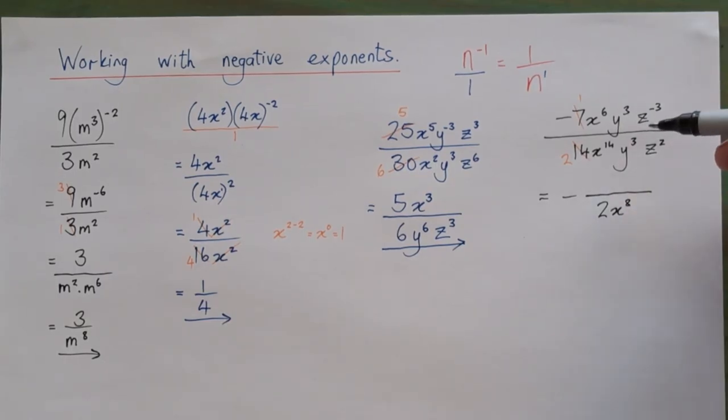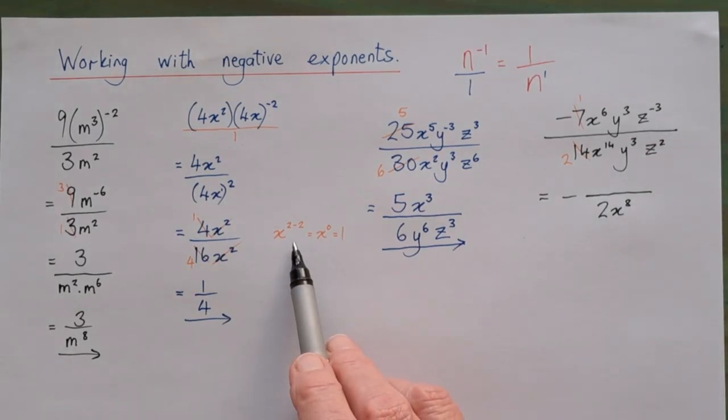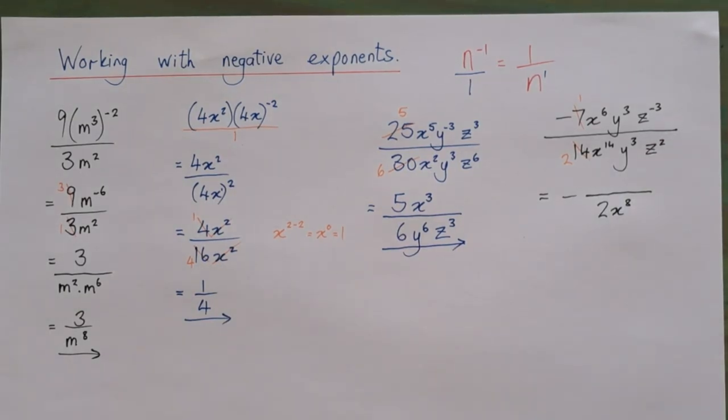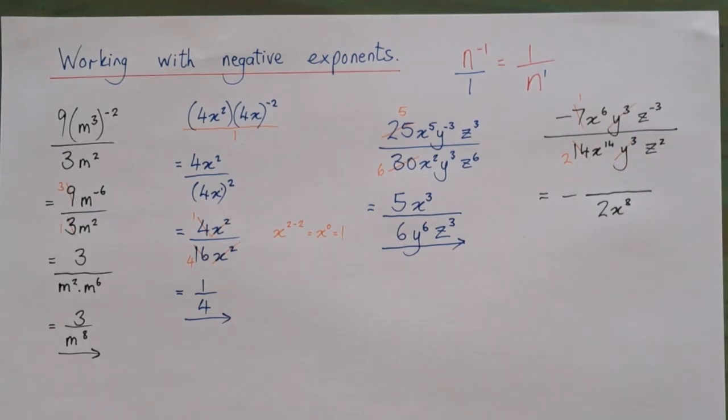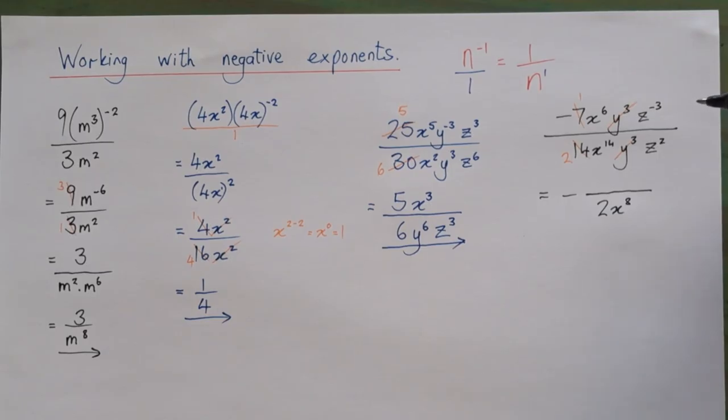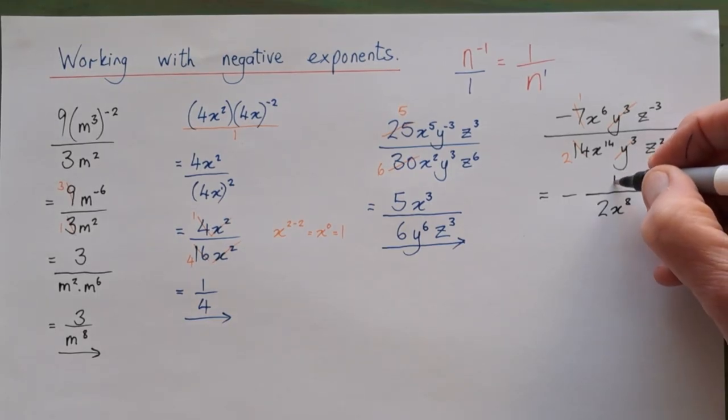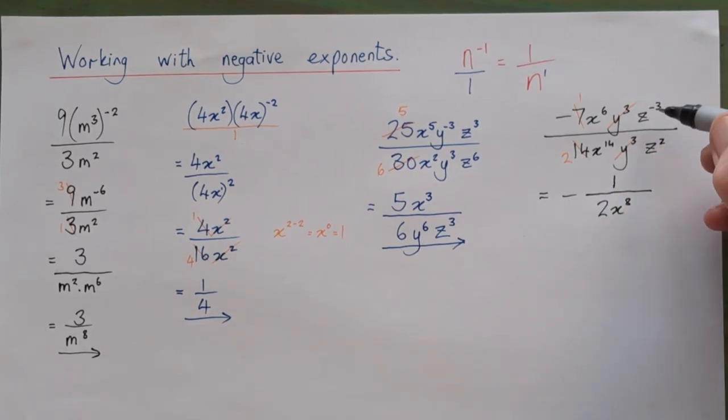Y to the power of 3 divided by y to the power of 3. Very similar situation to what we had over here, so we can just actually think of them as cancelling out. I'm going to eat my words. We are going to need our 1 at the top, because if you look very carefully, this z to the minus 3 is going to actually need to move into the denominator.